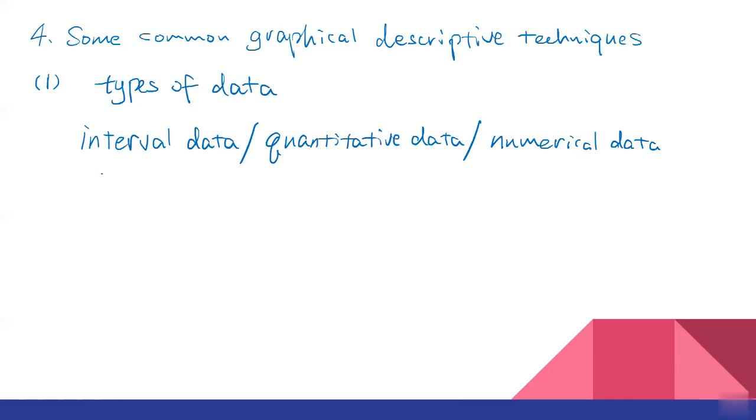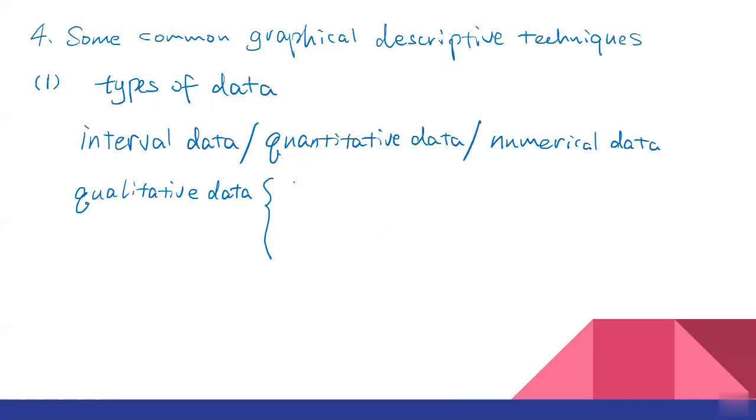The second type of data is called qualitative data, which can have two categories.